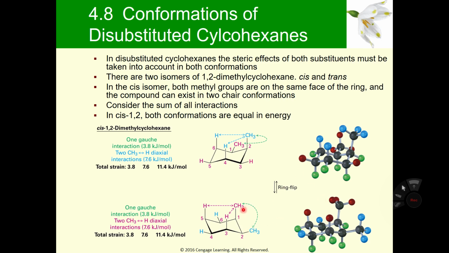One CH3 is axial and the other CH3 is in the equatorial position. Therefore, the energy will be the same, 11.4. So the population between these two conformers will be 1-to-1 because there is no energy difference between them. Both are at the same energy, 11.4. So the relative population between these two conformers will be 50% and 50%.